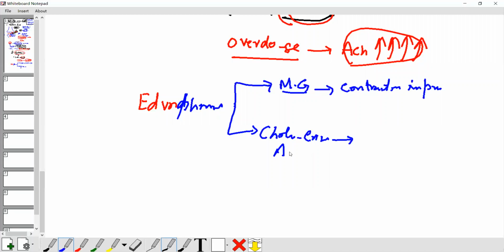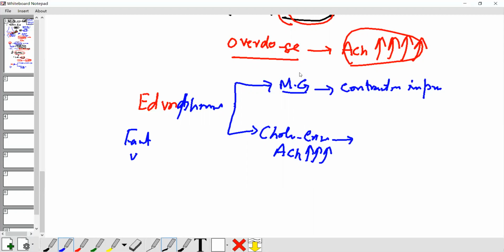Why? Because in cholinergic crisis the acetylcholine is already very high. You don't know whether the patient already took medication. The patient comes with facial muscle weakness and upper limb muscle weakness. If the patient gives the history that they already used this medication, then it's very easy for you to diagnose this condition.